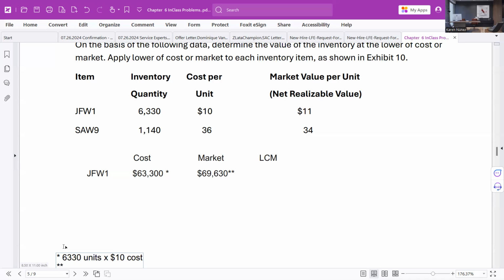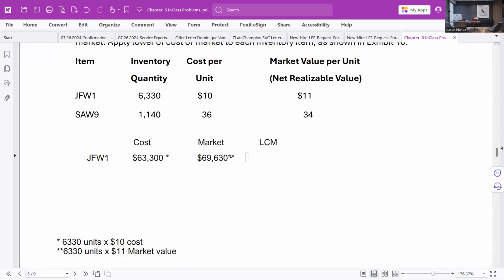And two asterisks, the 6,330 units times the $11 market value. Okay. And of course, the LCM. What LCM number should we be using? Well, the lower of the two. We should be using the 63,300.